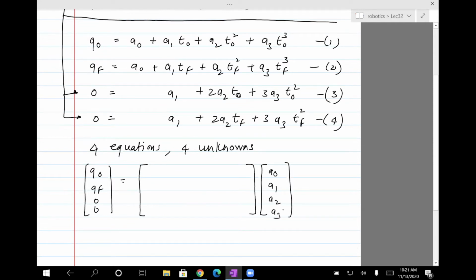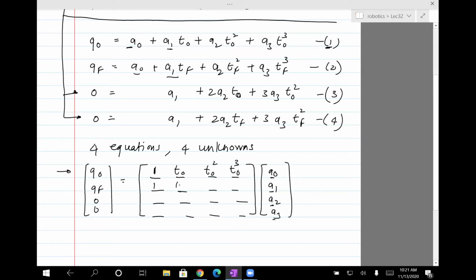Okay. So the way we do this is the first line will give you the first equation, which I wrote down here. And I will need to write the coefficients of a0, a1, a2, and a3 over here. So let's start. So first is coefficient of a0, which is 1. Next is coefficient of a1, which is t0. Then we have coefficient of a2, which is t0 square, and then t0 cube. Similar thing happens for the second equation.